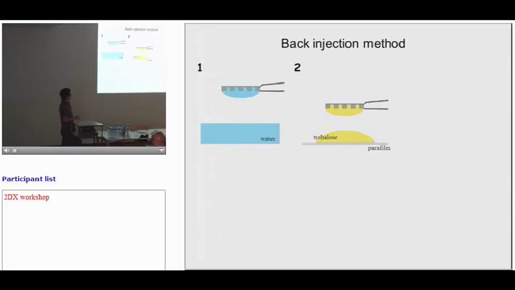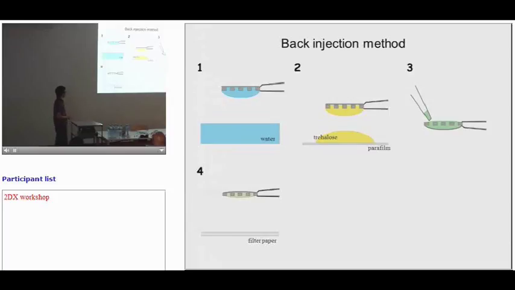Or otherwise, you can, in the first place, float the carbon film onto embedding medium in buffer solution. Then the grid is turned over, and a few microliters of crystal solution is injected into the carbon-free side of the grid, which is the backside, and mixed. And incubate for a while to wait for crystals to be precipitated and adhere to the carbon film.